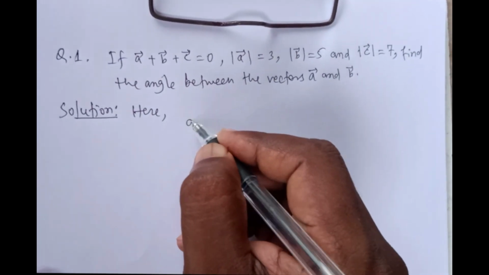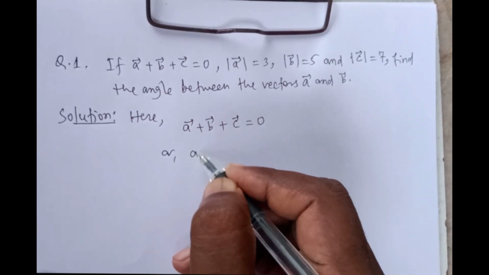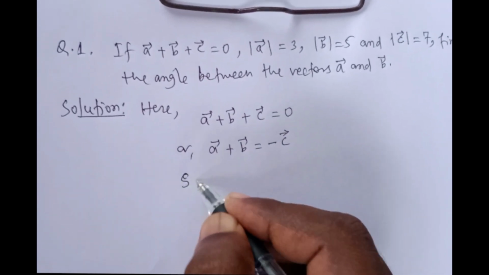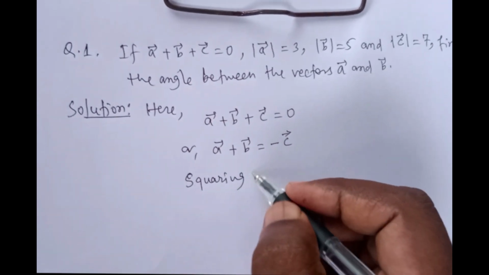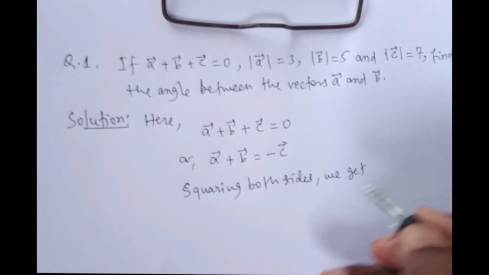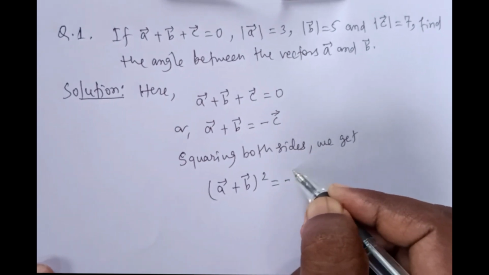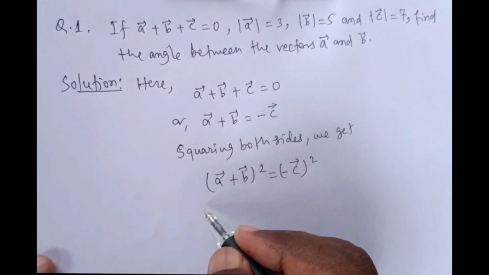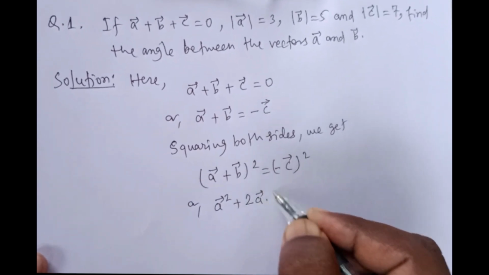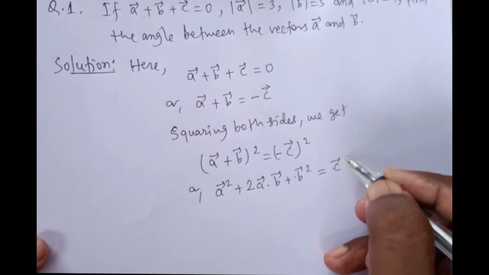Here given vector A plus vector B plus vector C is equal to 0, or vector A plus vector B is equal to minus vector C. Squaring on both sides, we get vector A plus vector B whole square is equal to minus C vector whole square, or vector A square plus 2 A vector dot B vector plus B vector square is equal to C vector square.